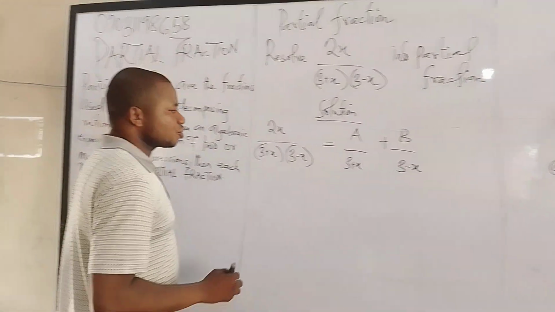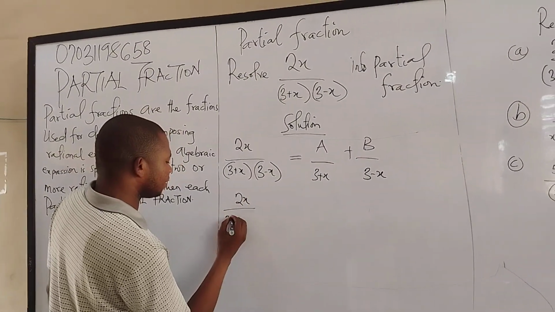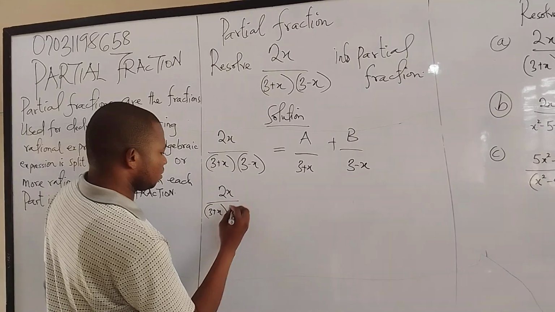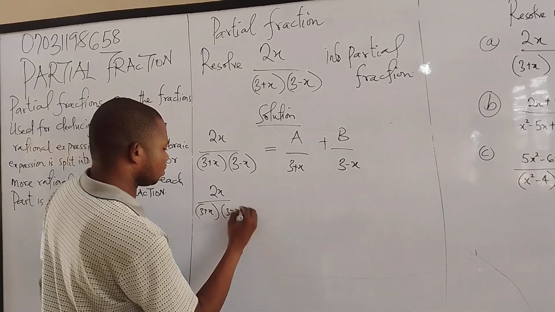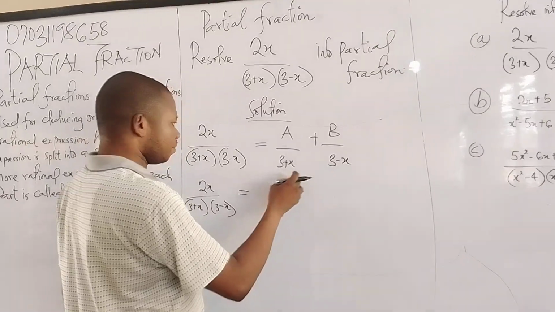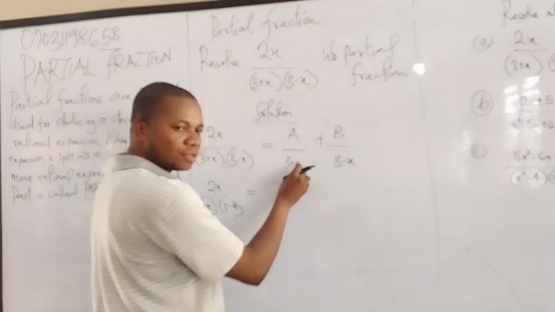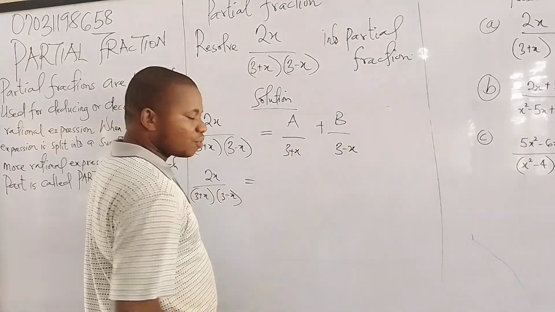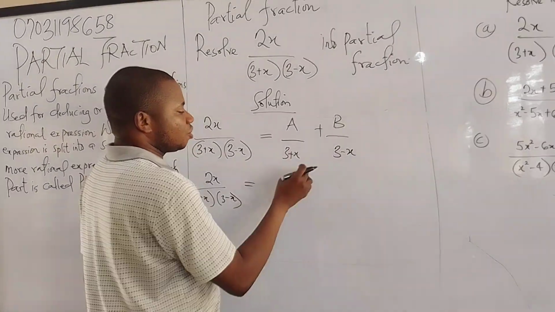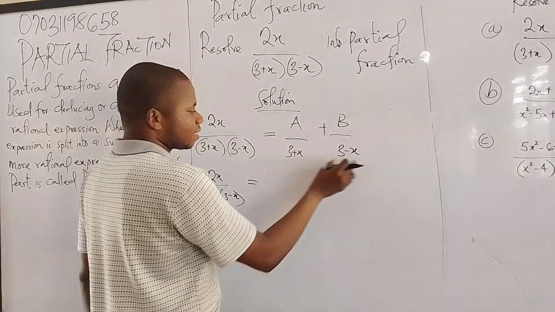Okay, so we continue. We have 2x all over 3 plus x into 3 minus x, and you're going to take the LCM of this and this. LCM, least common multiple. For us to get the LCM, you say this times this.